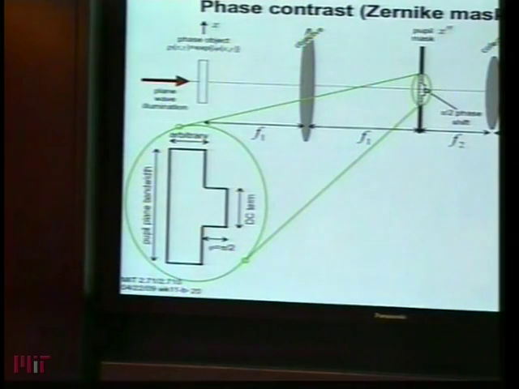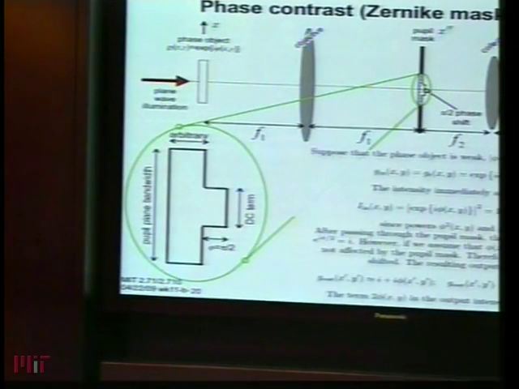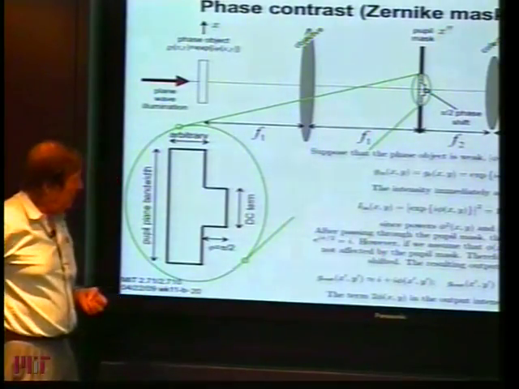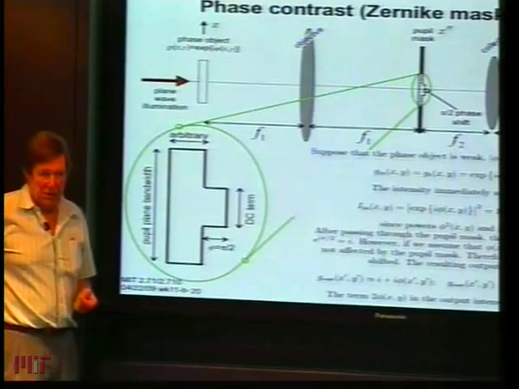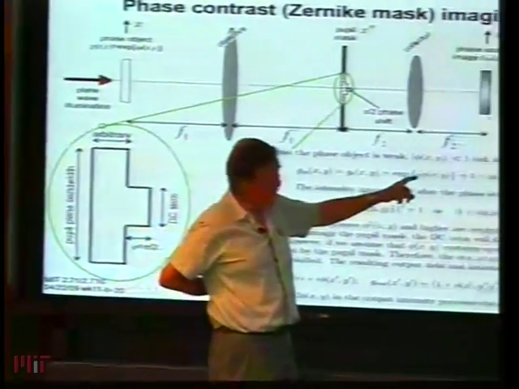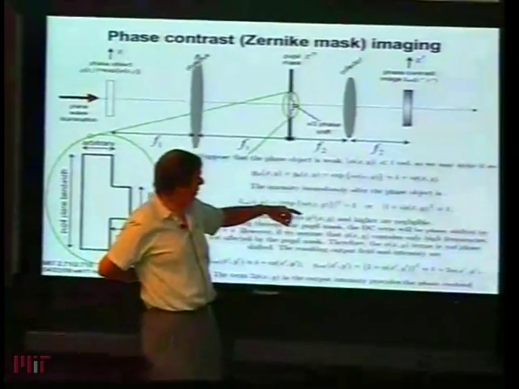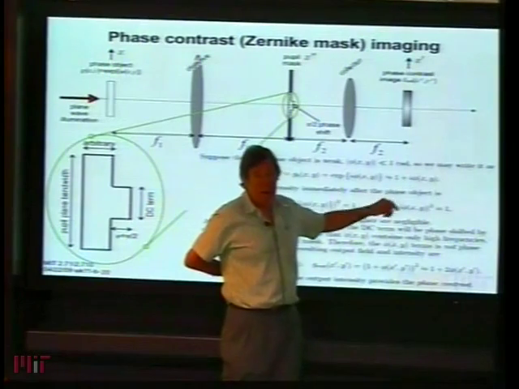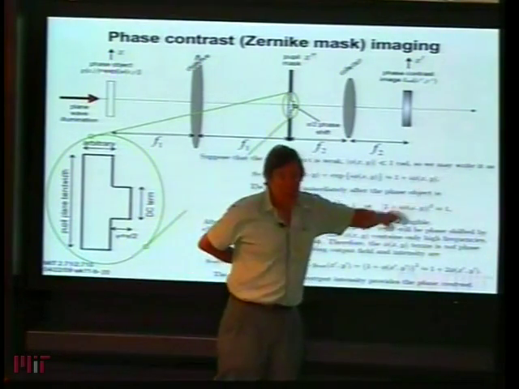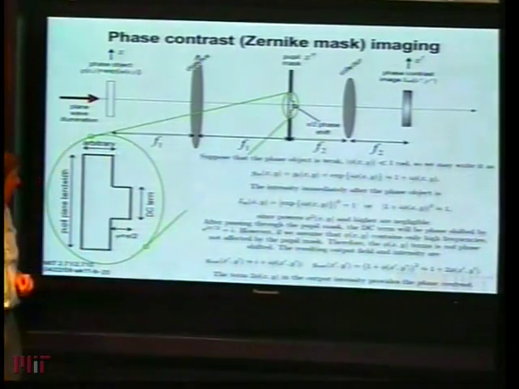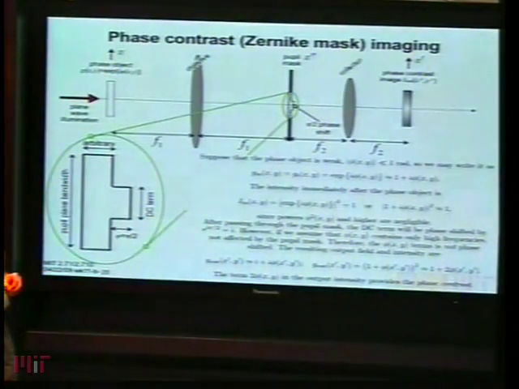So let's look at the maths of how that works. We assume our phase object is what we call a weak phase object. It has the form e to the i phi, but we think of that as being approximately 1 plus i phi, and we neglect all the other higher order terms in the power series expansion for the exponential.